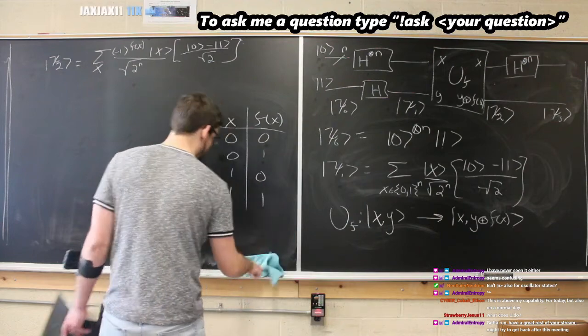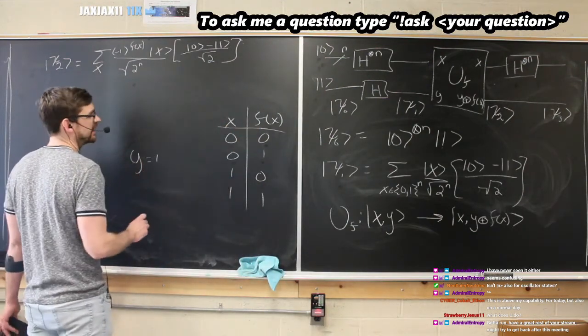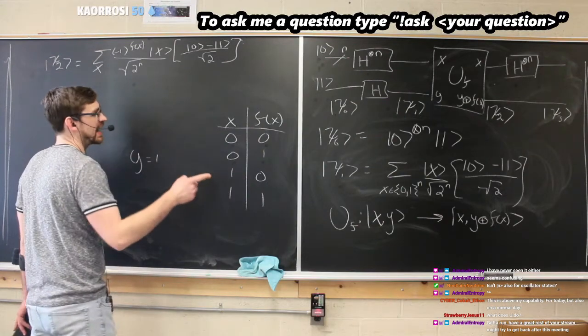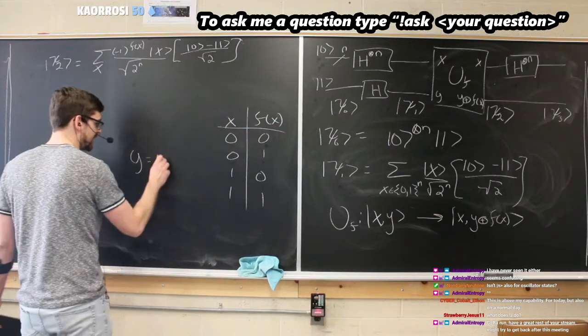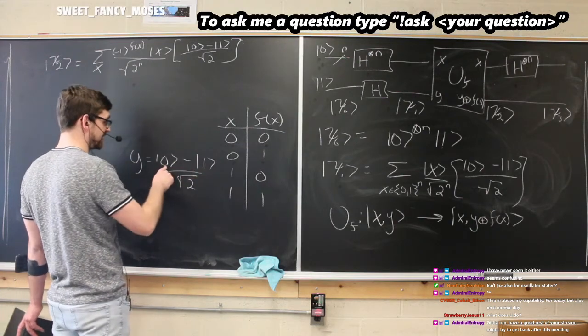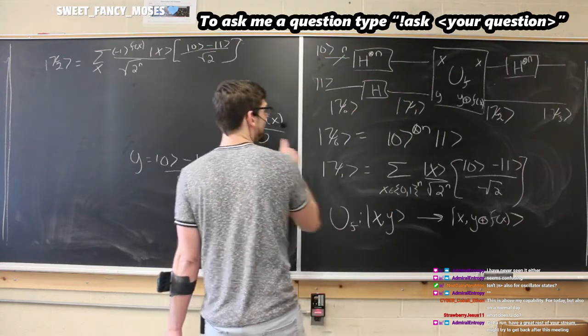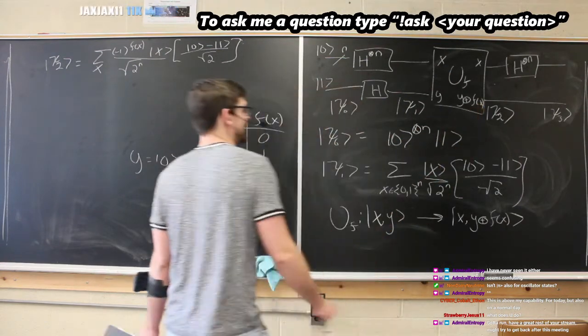And again, the modulo 2 is like if y is equal to 1. Oh, not after the Hadamard gate. After the Hadamard gate, it's going to be a superposition of 0 and 1. So there's going to be a 0, and a 0, and then the f of x function as well.